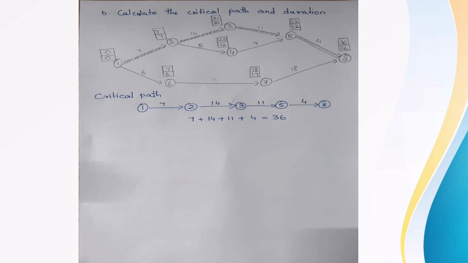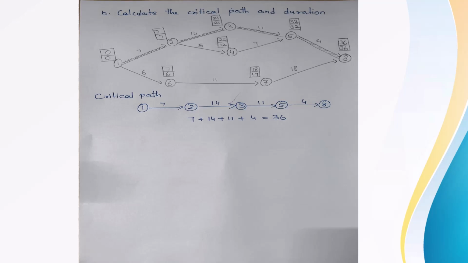Understood? So there are 2 points. One is EST and one is LFT. We'll draw a rectangle on each activity with 2 cells. The down cell is called EST, the above cell is called LFT. EST is moving forward. So we will add the previous activity's EST plus the duration of the activity to get the EST value of the next activity. Whenever there is a tie, whichever has the maximum value will go for the next activity EST.